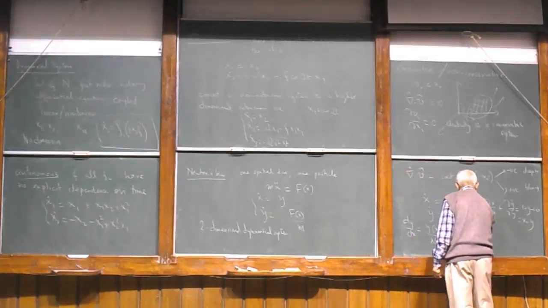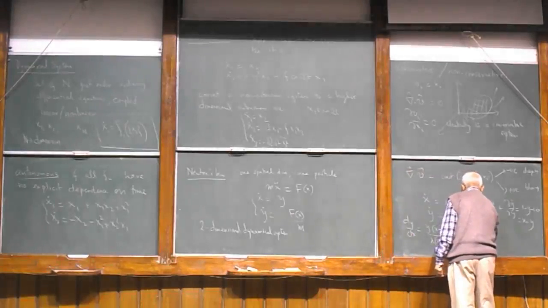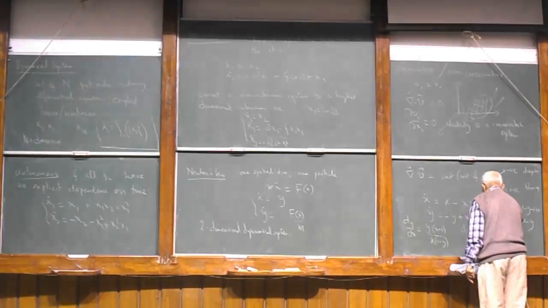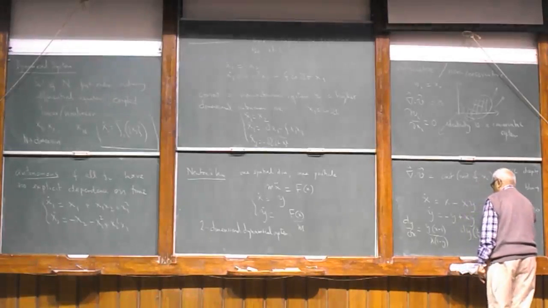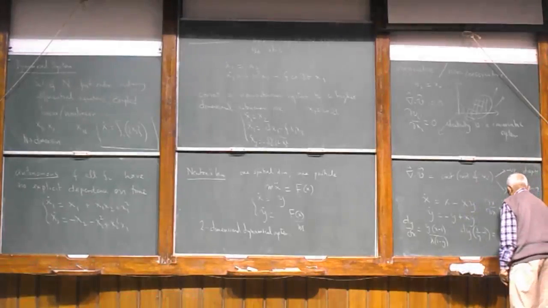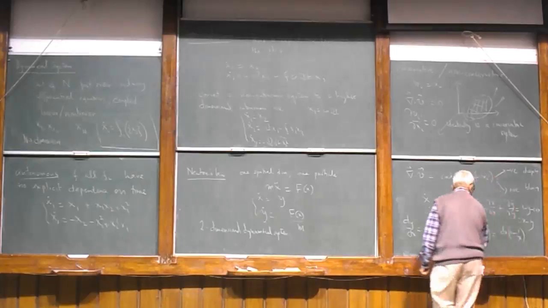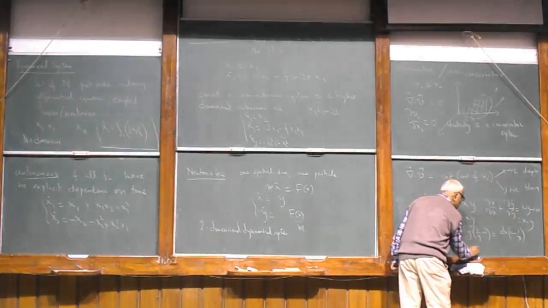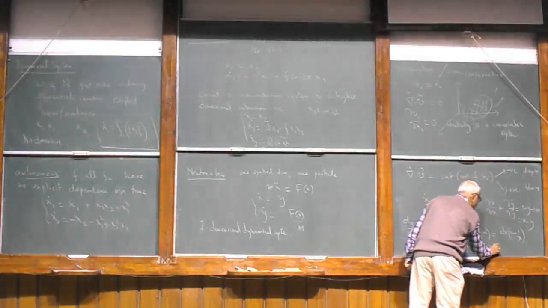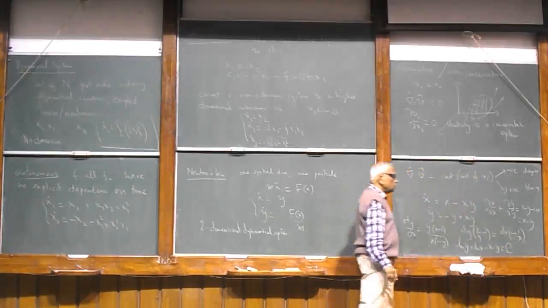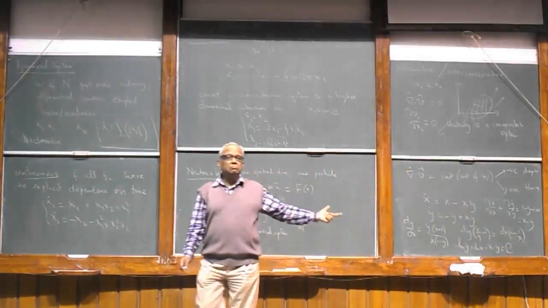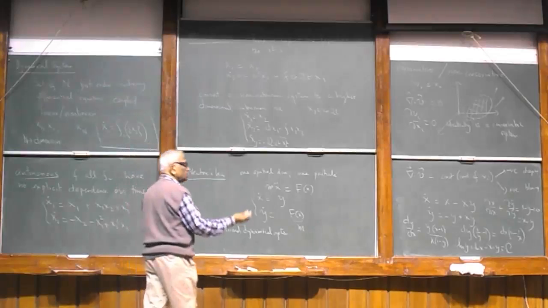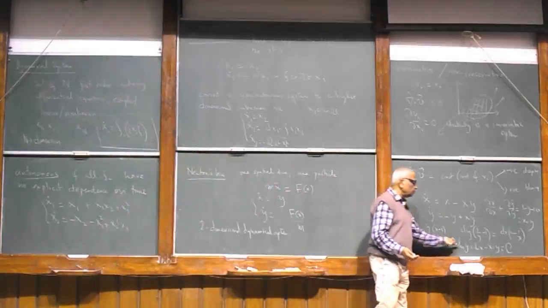So dy into 1 minus y over y. So it is 1 over y minus 1 is equal to dx into 1 minus 1 over x. So log of y plus log of x minus y equal to constant. So I have a conserved quantity. So it's a conservative system because I can actually construct an integral of motion, a constant of motion.